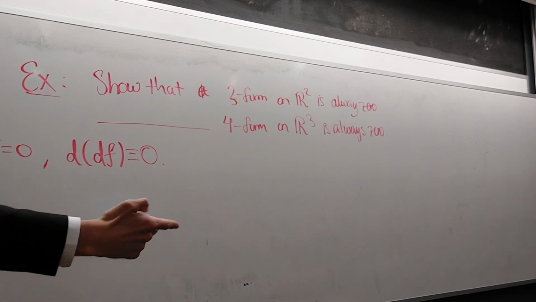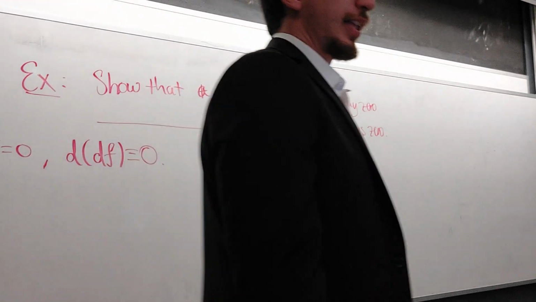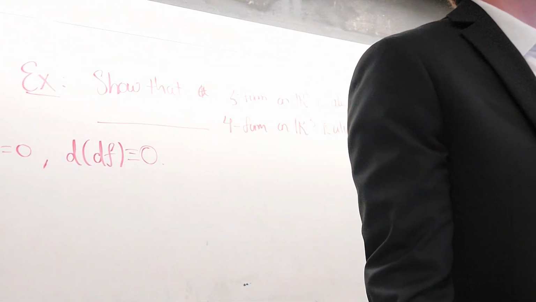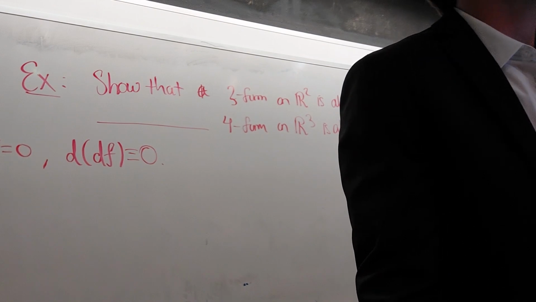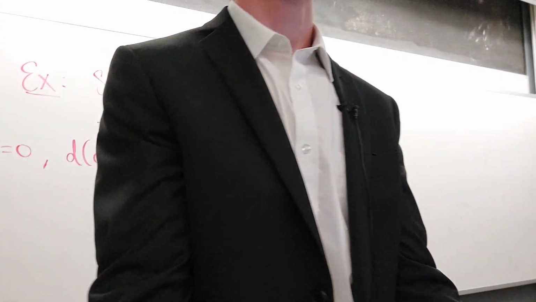The if is true, the only if is more subtle. We're going to get to that. So far I've only made if statements. That leads to exactly this thing called homology. So when we talk about simply connected domains, that's where this kind of if and only if stuff comes in.